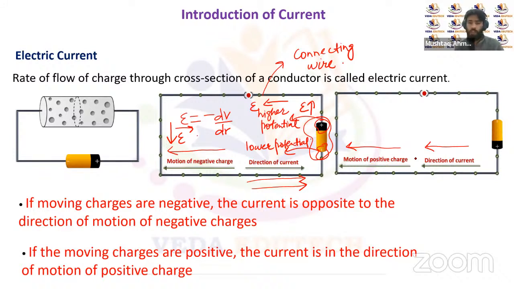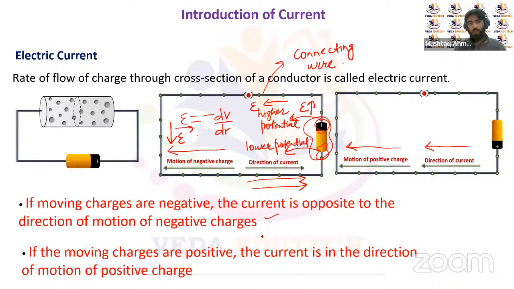And charge may flow from the higher potential to lower potential, or it may flow from lower potential to higher potential as well. It depends upon the type of charge we are talking about, right? So if moving charges are negative, the current is opposite to the direction of motion of negative charge. If the moving charges are positive, the current direction is along the direction of the flow of positive charge.